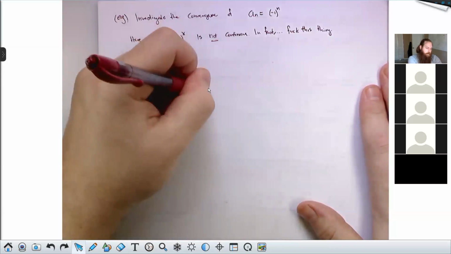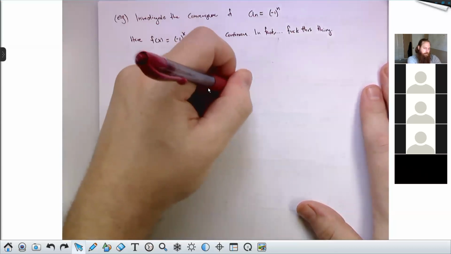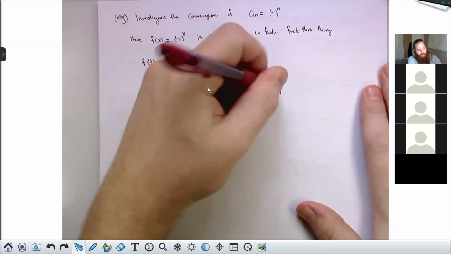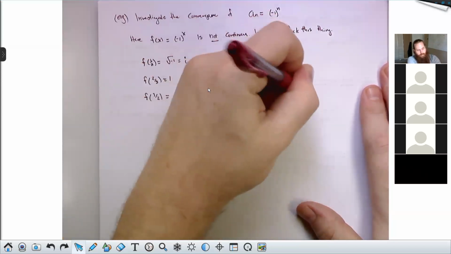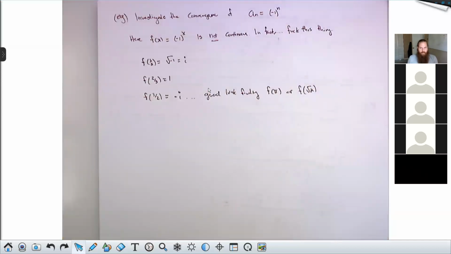And good luck finding anything like f of pi or f of the square root of 2. Like, what the hell is -1 raised to the pi or -1 raised to the root 2? No, just no. We are not going to be able to swap the n for x and then use old tricks here.